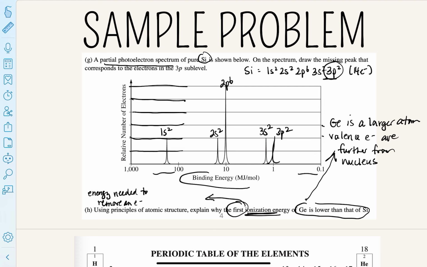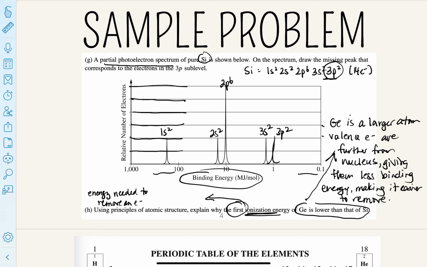So in other words, it will have a very low binding energy, which makes it easier to remove. So the valence electrons are farther away from the nucleus, giving them less binding energy, making it easier to remove.